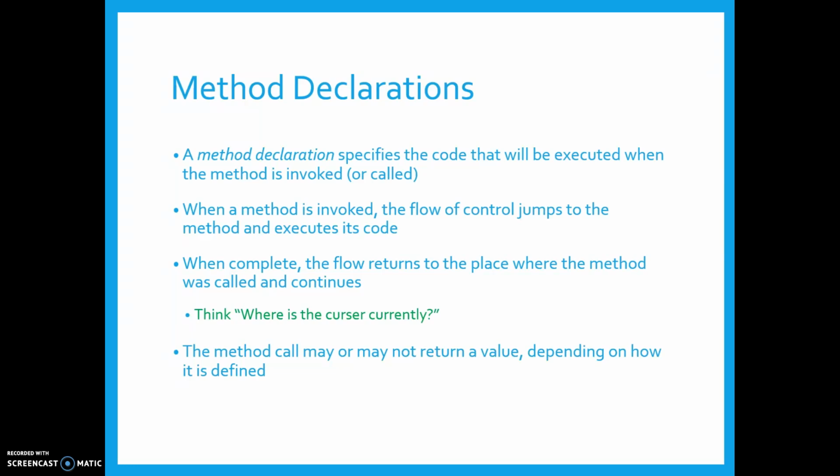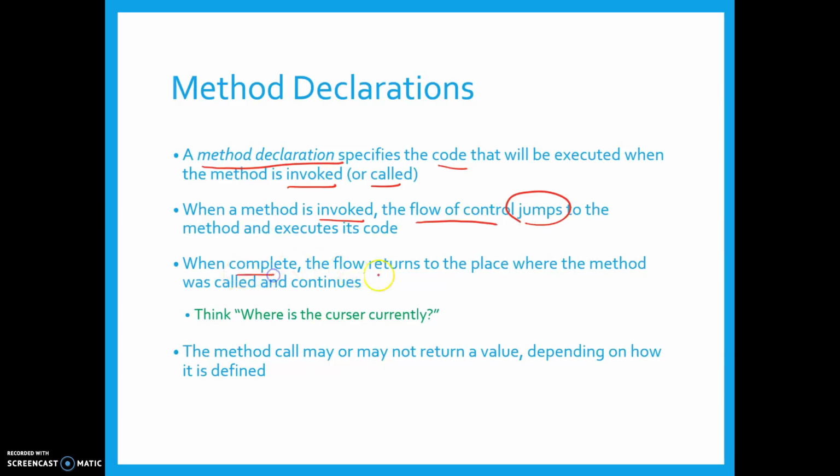Now, our programs are going to have more than one method, and when we define a new method, we use what's called the method declaration. And this essentially specifies the code that's going to be executed when this method is invoked or called. Now, when a method is invoked, we say that the flow of control jumps to the method and executes this code.